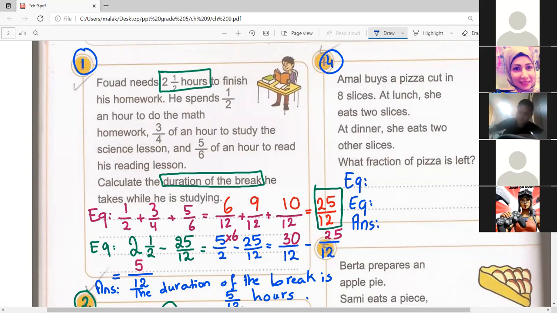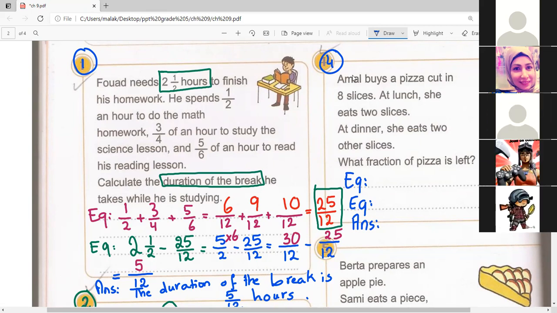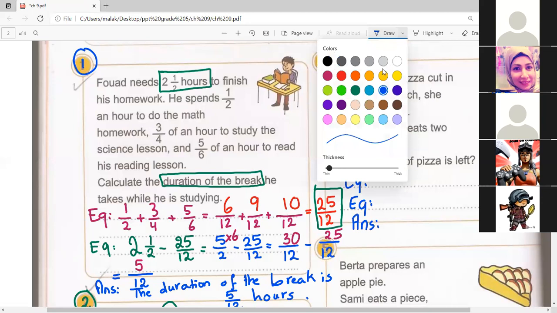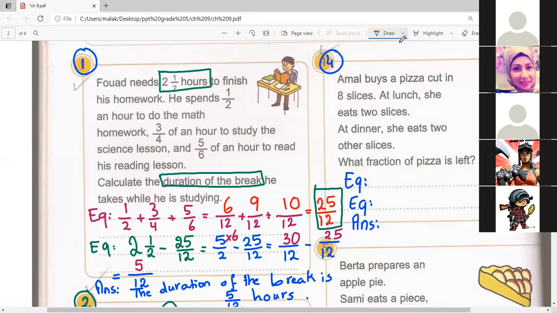But now, how do we write them as equations? In the first equation, you have to write the number of pieces eaten by Amal. She ate 2, then she ate 2.